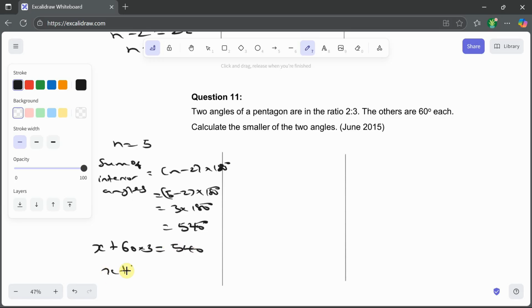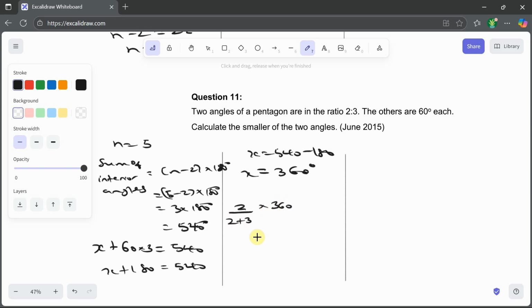So x plus 180 is equal to 540, and x is equal to 540 minus 180, and that will give you 360. So the sum of the two angles is 360 degrees, right? To find the smaller of the two, normal ratio, that will be 2 over 2 plus 3 multiplying 360 degrees.